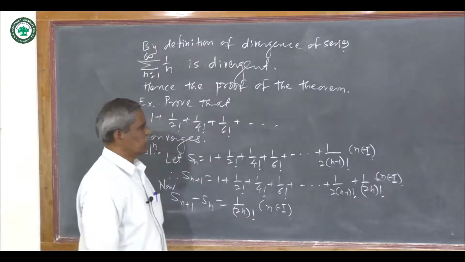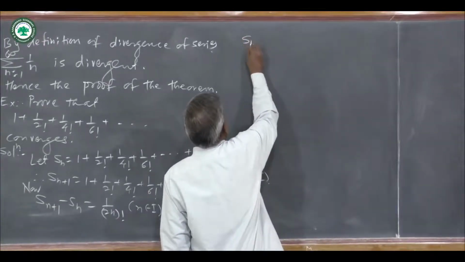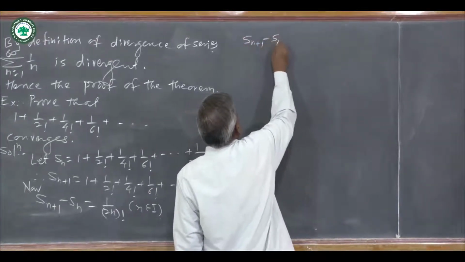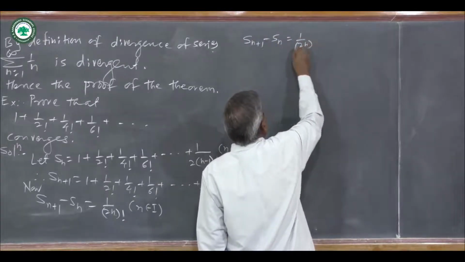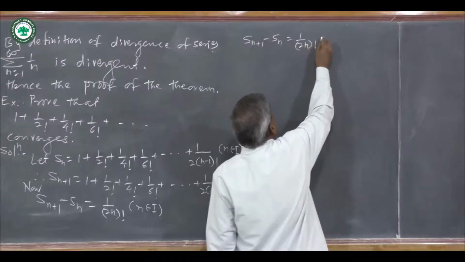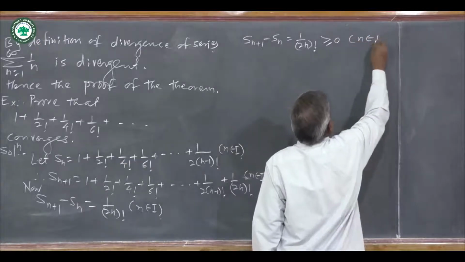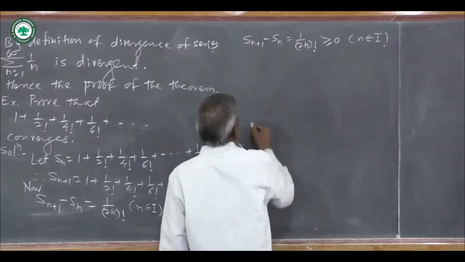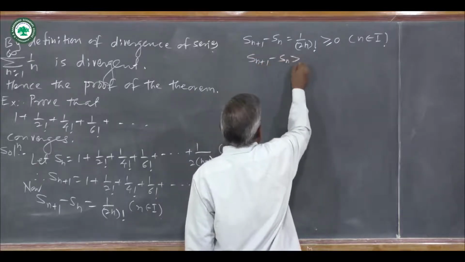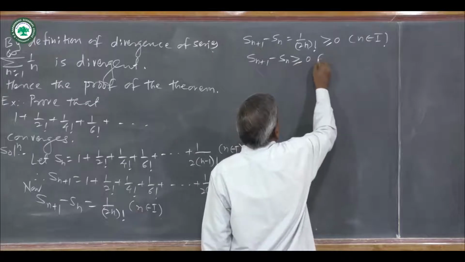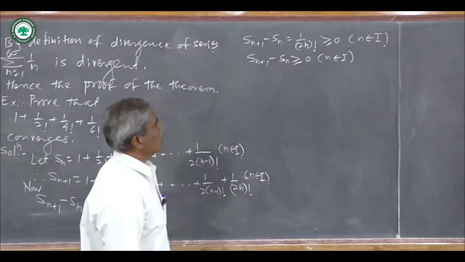That is, S suffix n plus 1 minus Sn is equal to 1 upon 2n factorial, which is greater than or equal to 0 for every n. That is, S suffix n plus 1 minus Sn is non-negative, greater than or equal to 0.